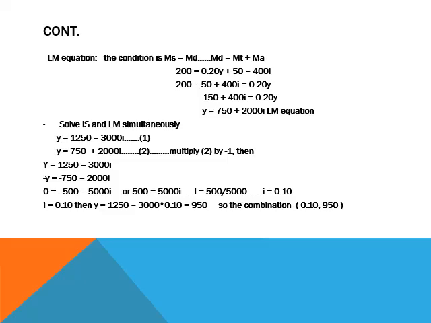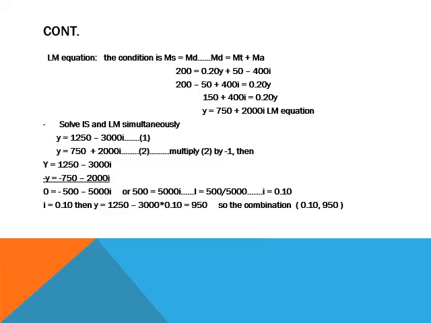Negative 3000 i, negative 2000 i, the remainder is negative 5000 i, or 500. So it will be pushed to the left side.